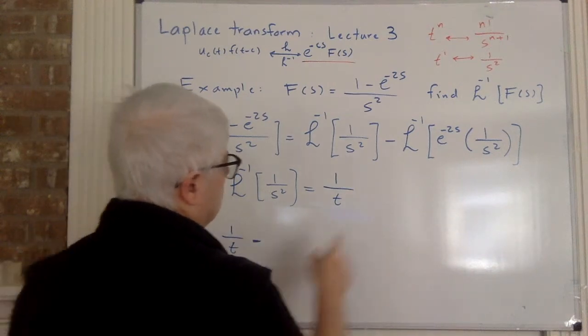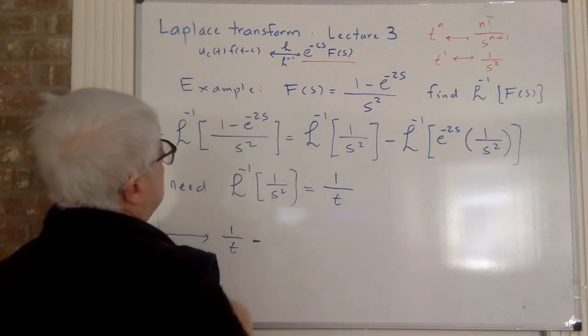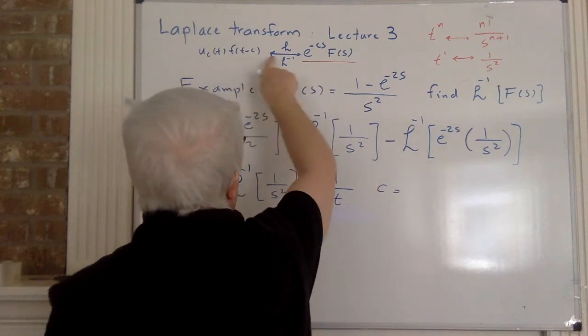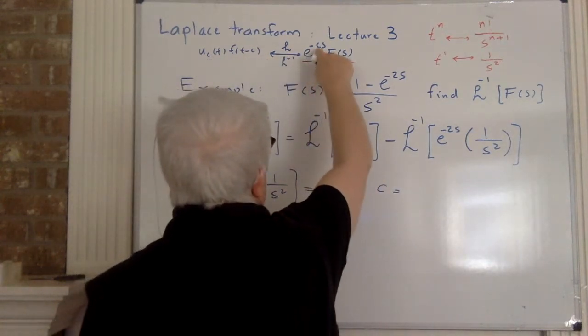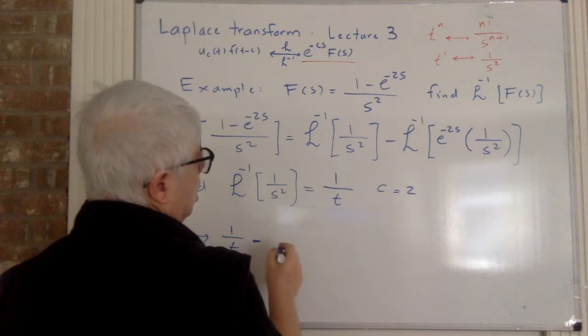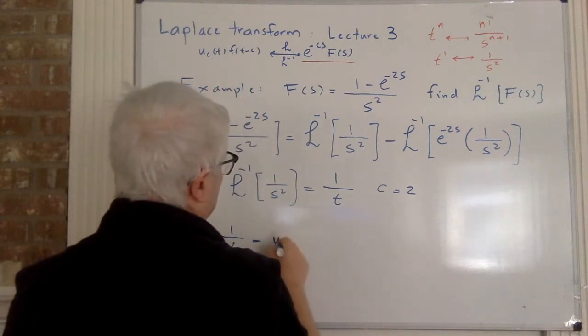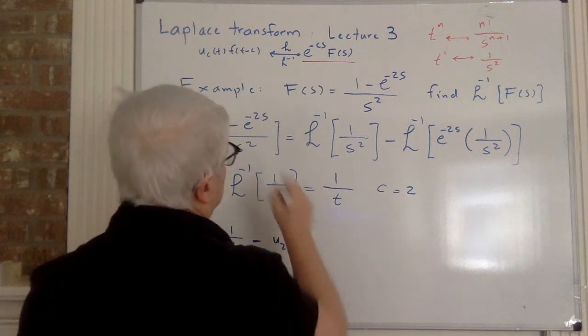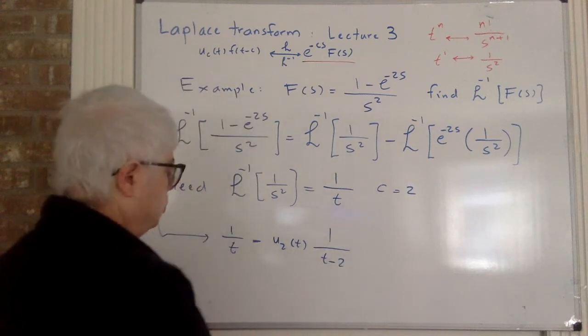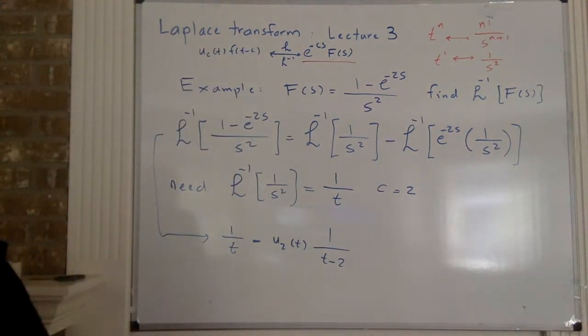Then minus, that is f(t minus c). What is c here? Let's write c carefully. You see that's e to the power minus cs. So c will be 2, right? It's not minus, so it's 2. So it is u2(t) times f(t minus 2), where f is t.